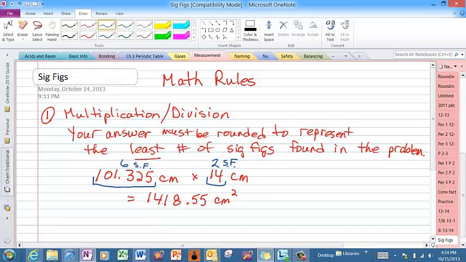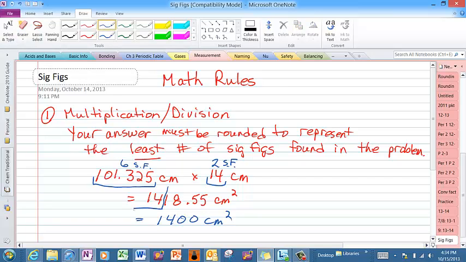So what I need to do is round this number so I only have 2 sig figs there. So 1,418.55 needs to round to 1,400 centimeters squared.